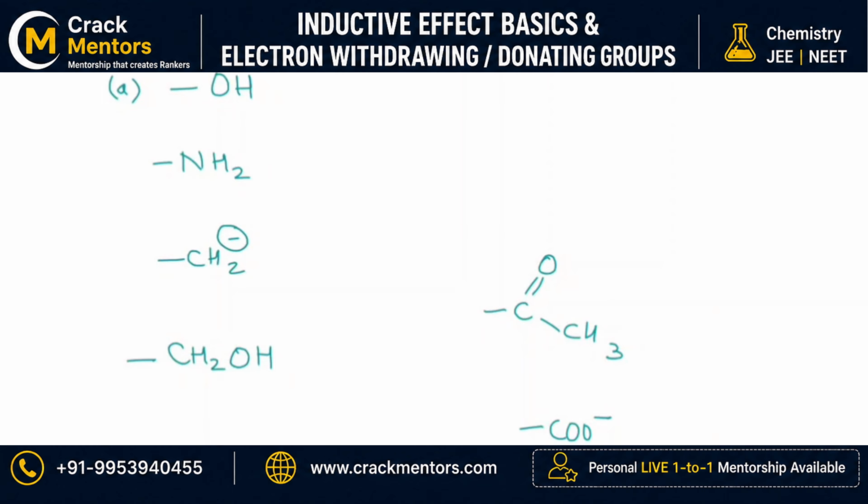So this OH, now some of you will think that this OH has electron pairs, so it will donate the electron. But my dear lovely students, the thing is this, you will see the electron donating effect by the lone pair in resonance. That's the concept of resonance.